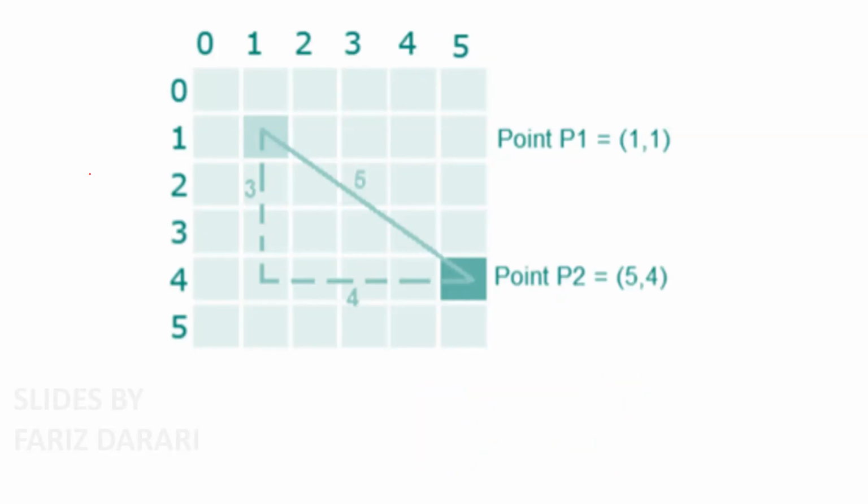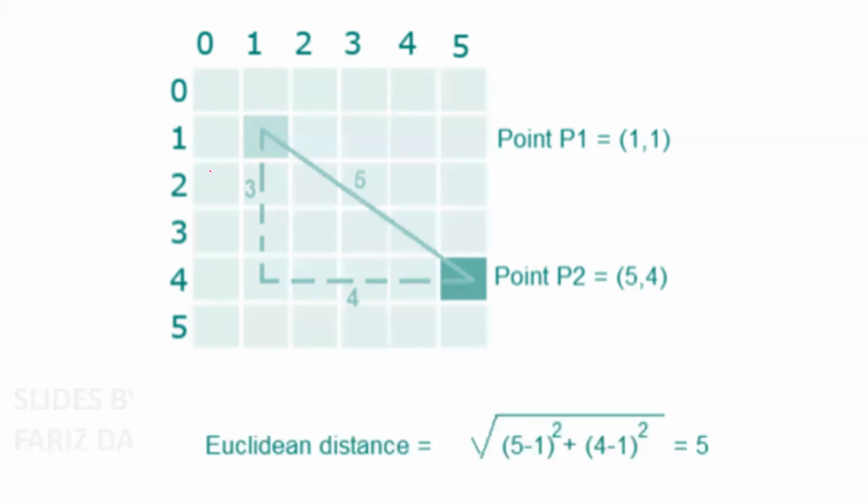what's the Euclidean distance between P1 and P2? Because it's two-dimensional, we can rely on this good old Pythagorean theorem, right? Here's the computation. It's the difference, square difference, and then you compute the square root, and that's it.